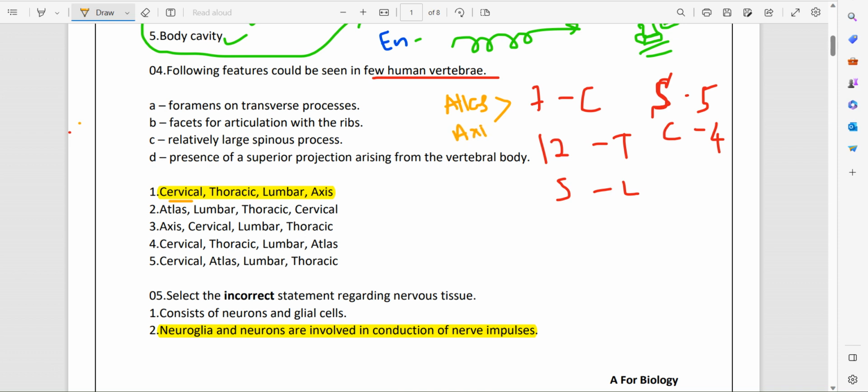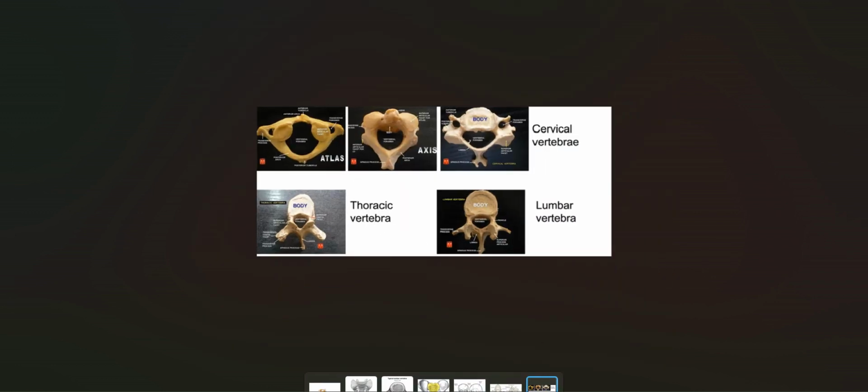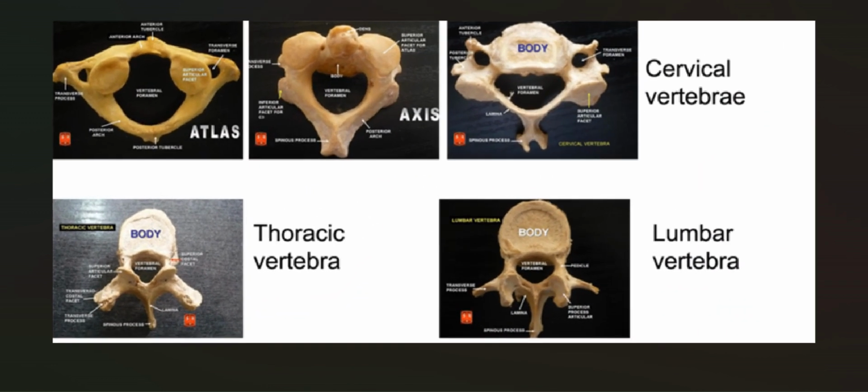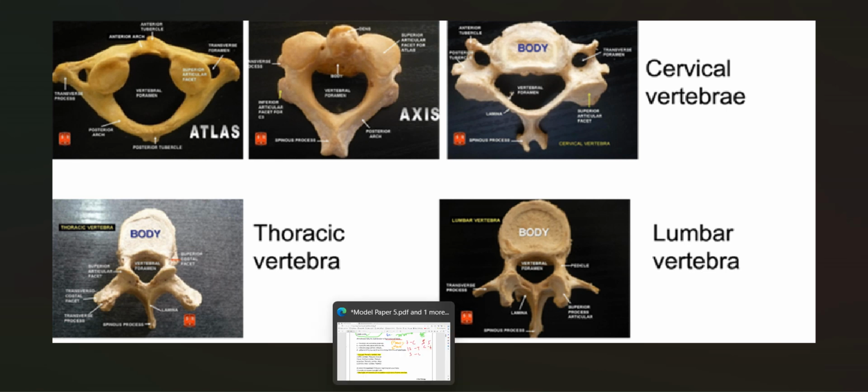So atlas is very small and it has a large foramen. And when it comes to axis, it has this special process called odontoid process. And those 2 combine together, and that's why the odontoid process is also present there. So that's about cervical.